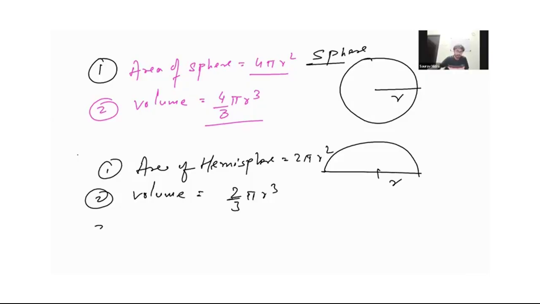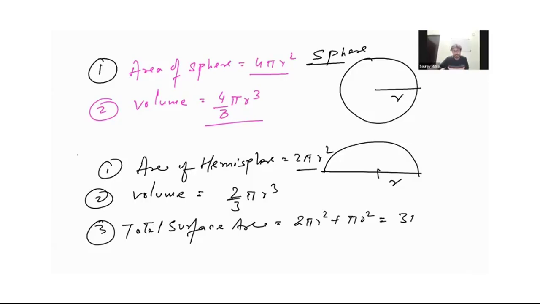And one more thing you should note, the total surface area is also present here. Total surface area will be 2 pi r square, the curved surface area, plus the area of the base. The base is a circle, so pi r square is added, and this will be your 3 pi r square.